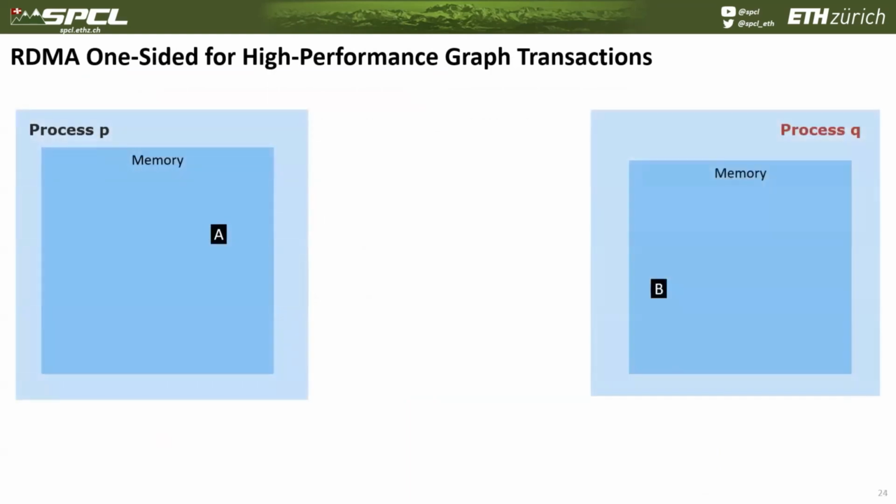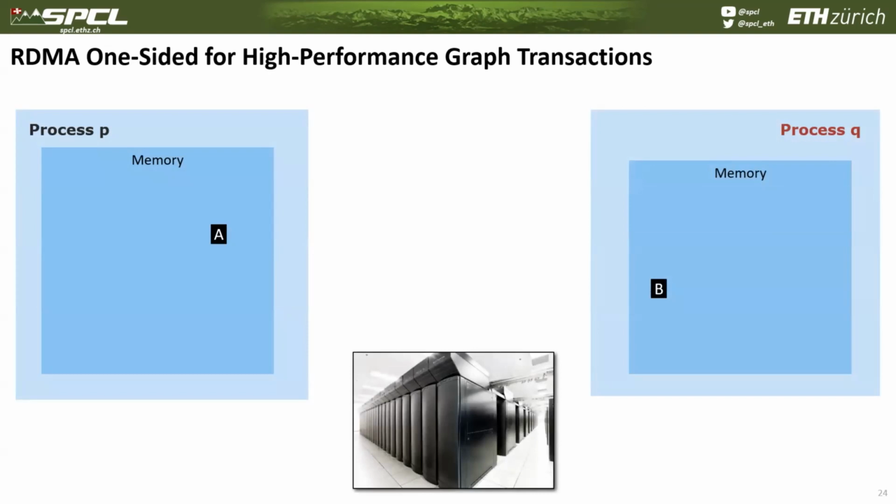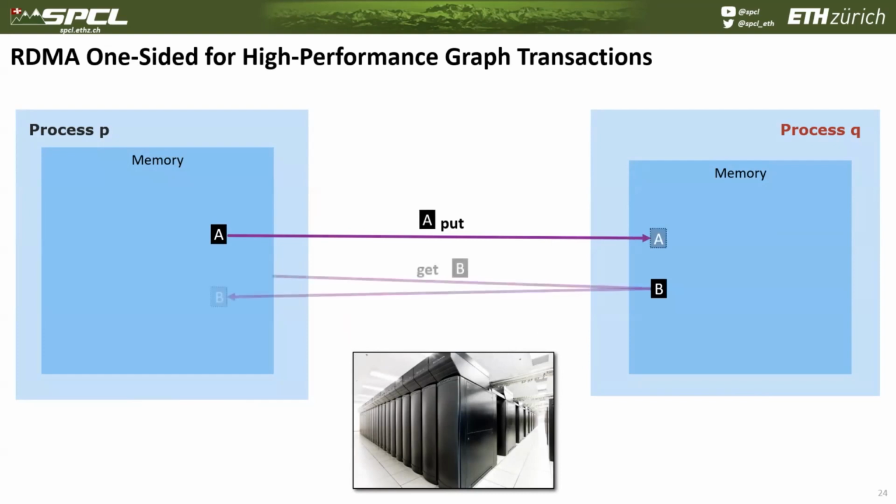If we have several processes sitting on different nodes of a machine, such as the one we can see here, they can use RDMA one-sided calls to access each other's memories with routines such as puts or gets that transfer the data to or from the remote memory without the remote side even realizing that there is an ongoing access. As we use non-blocking accesses, we also need to issue separate flushes to ensure the consistency of these memories after the accesses.